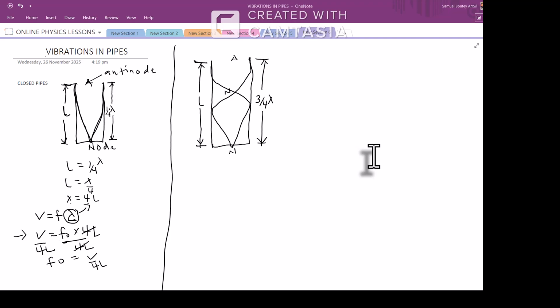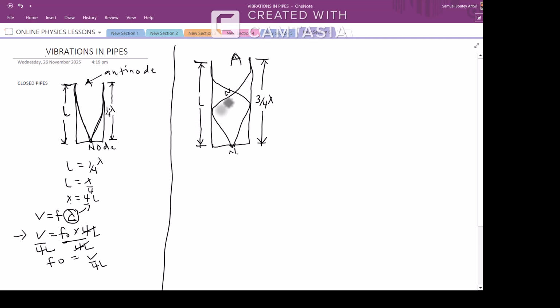when you have more air trapped inside the column to form the first overtone, this is what happens. So this is how the diagram looks. We have our node down here, we have another node down here, and then there's an antinode on top. So always remember the open end is an antinode.